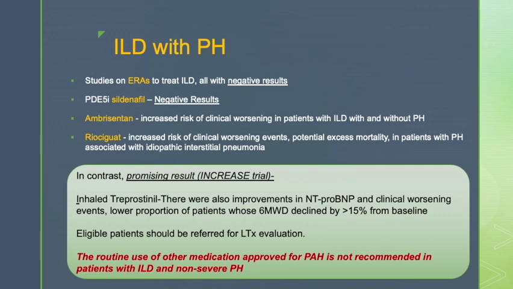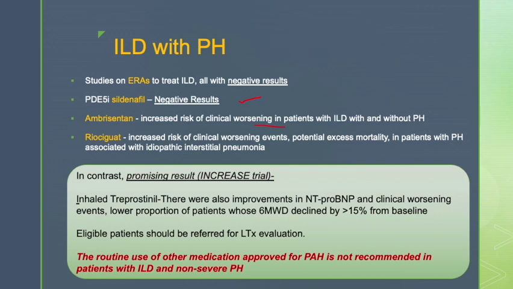In contrast, when we talk about patients with ILD and pulmonary hypertension, there is evidence for negative results. There are studies which show that endothelin receptor antagonists in ILD patients with PH will have a negative impact. Sildenafil also has been shown to have a negative impact in ILD. Ambrisentan has been shown to risk clinical worsening in these patients with or without pulmonary hypertension.